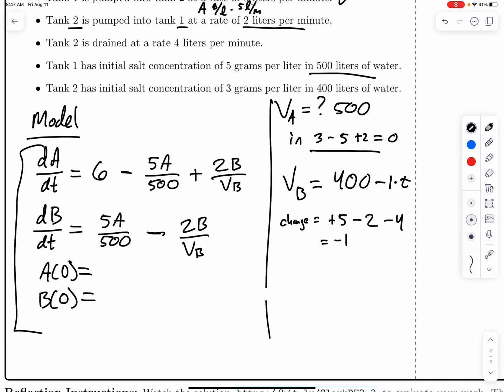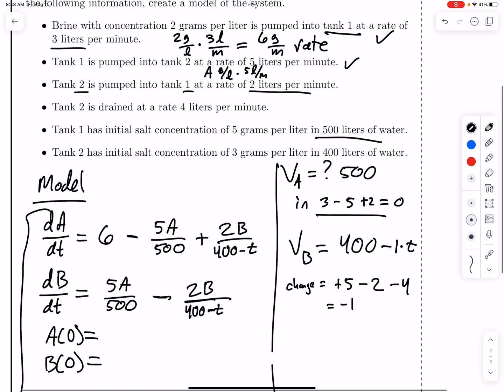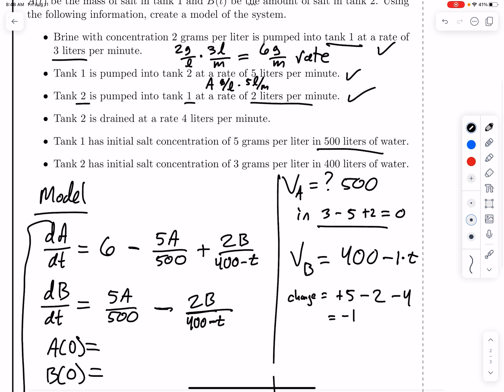So volume of tank B is 400 minus T. So I'm going to fill that in right here. 400 minus T and 400 minus T. So however much salt there is in tank B, that salt is dissolved in 400 minus T liters of water. Okay? So now we've used that piece of information.